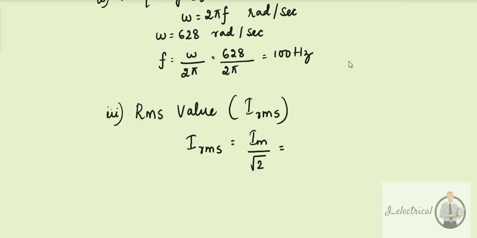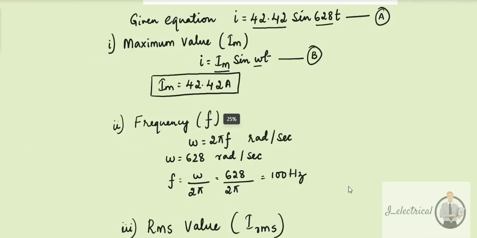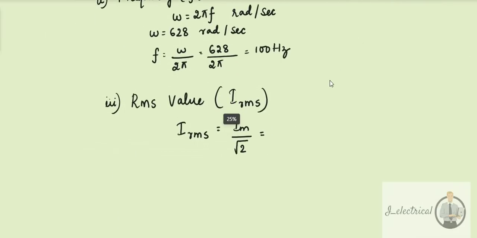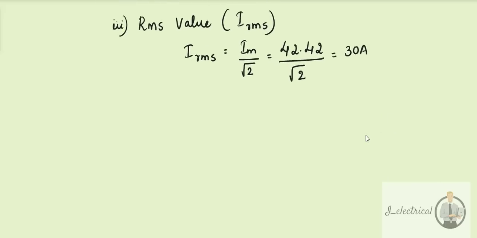We know the Imax value, which is nothing but 42.42 amps. I'll substitute it here: 42.42 over root 2. If you calculate the value, you will get 30 amps. So 30 amps is the RMS value.